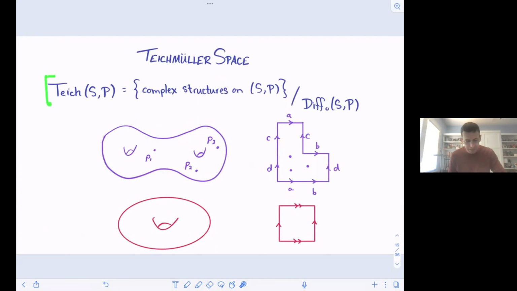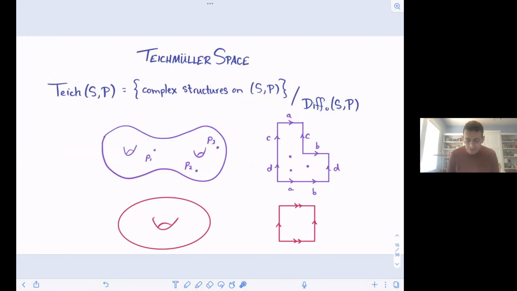So the Teichmüller space, where we have our surface S with its marked points P, is the set of complex structures on (S, P), and you should think of this as modulo isotopy. So you can pull back a complex structure by a diffeomorphism that's isotopic to the identity. That's what the 0 means. And you just call that the same complex structure. You should think of this as complex structures up to isotopy.